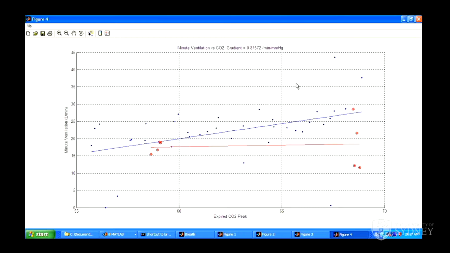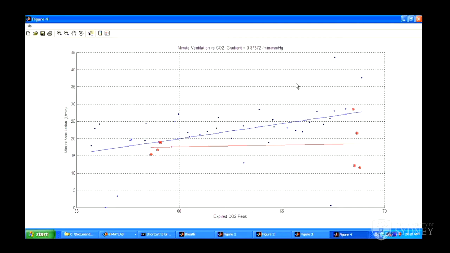And you can see that under normal breathing circumstances, CO2 has indeed stimulated Zach's ventilation. The gradient isn't that high, but he's a fairly big, he's a tall person, sorry, compared to some small people that we get doing it. Anyway, that's the rate of ventilation increase with CO2.